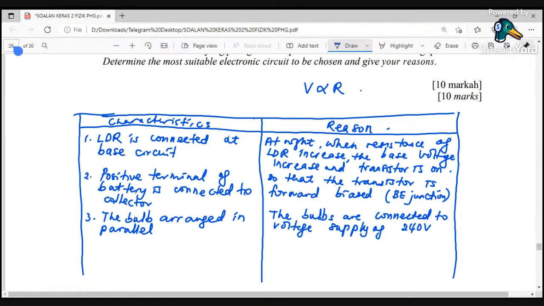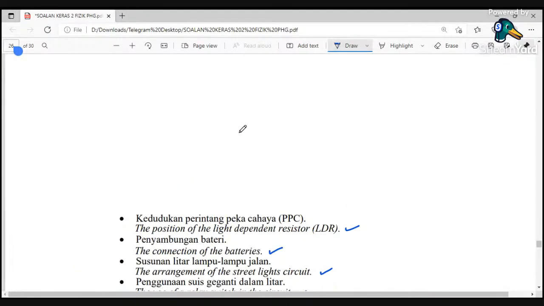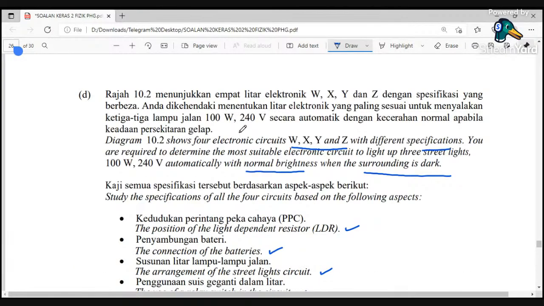Okay, as we mentioned earlier, you can see the level of the power rating for the bulb. Ialah power rating, faham? Ini dia punya power. So if you want the bulb to light up normally or normal brightness, voltage must be 240. Then only the power become 100 watt. Okay, ini syarat dia itu. Itu maksudnya normal brightness.